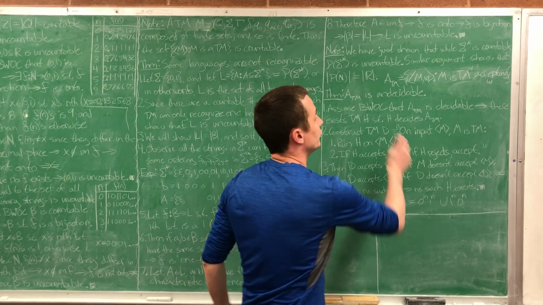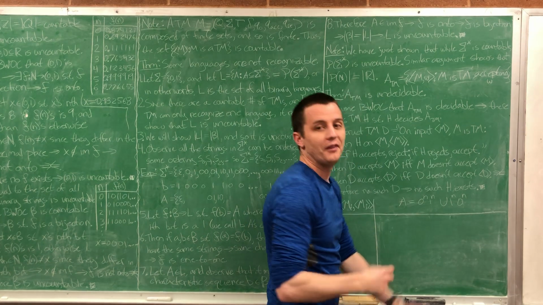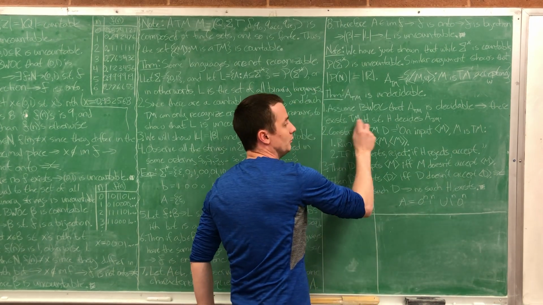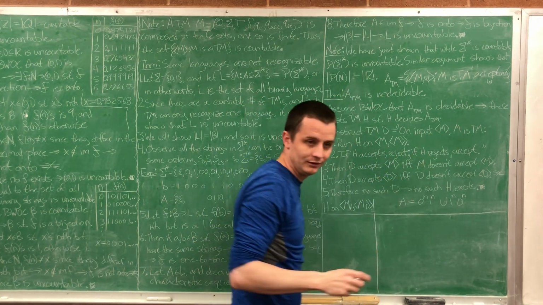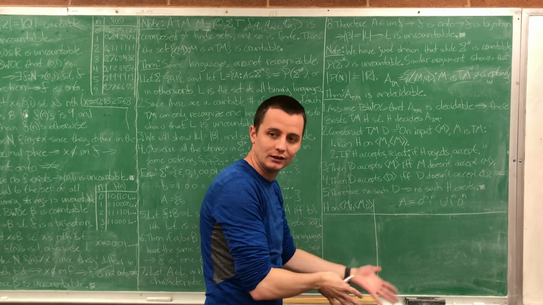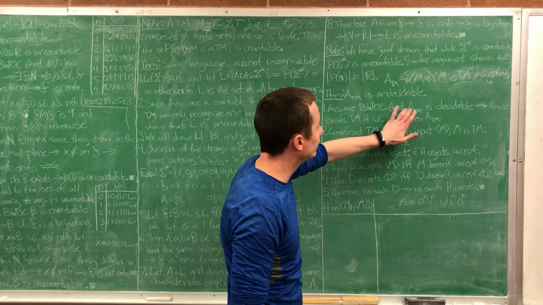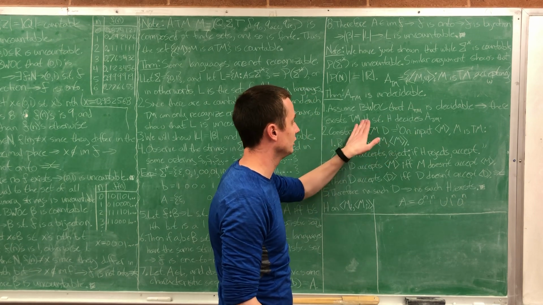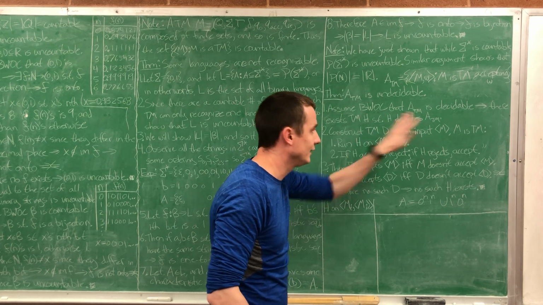So if we're going to assume that this is decidable, that means that there must exist some Turing machine H that decides it. That's what it means for a language to be decidable. There's a Turing machine that decides it.